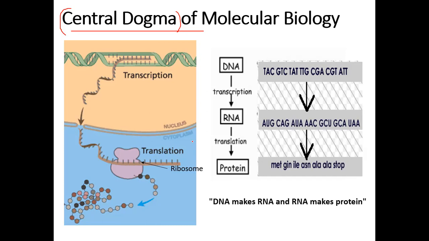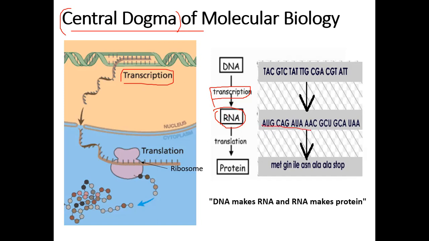If you write this component-wise, DNA would go through a process called transcription. In transcription, RNA is created, which is a copy of the information contained in a gene.